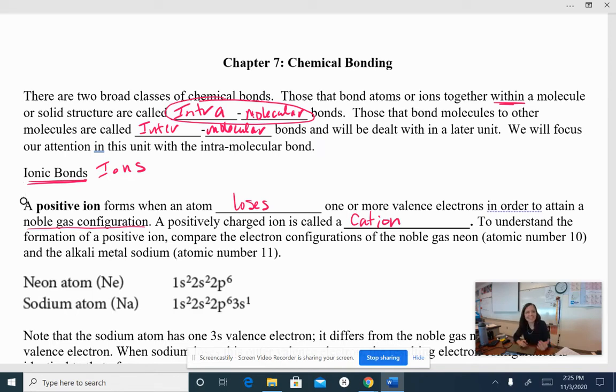You might have heard of the cathode end of a battery, that's the positive end of the battery. A cation is a positive ion.